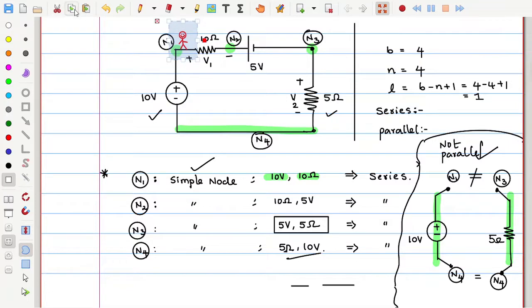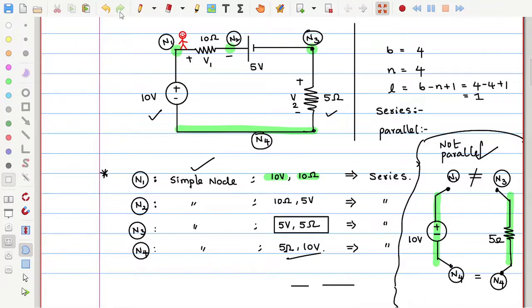As I start from here, what kind of voltage do I come across every time I reach a certain element? Let us say I reach the 10 ohm. At the start of the 10 ohm, what is the polarity? Positive. Whatever voltages we come across, we put inside our bag. Let us say this guy has one bag.